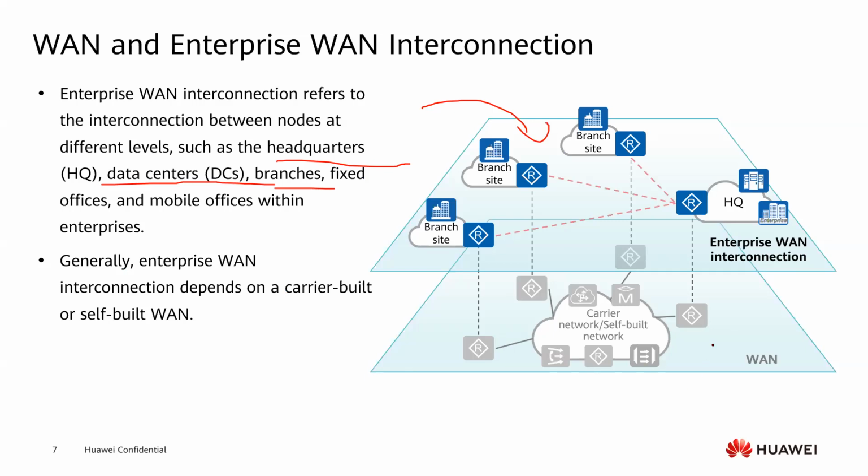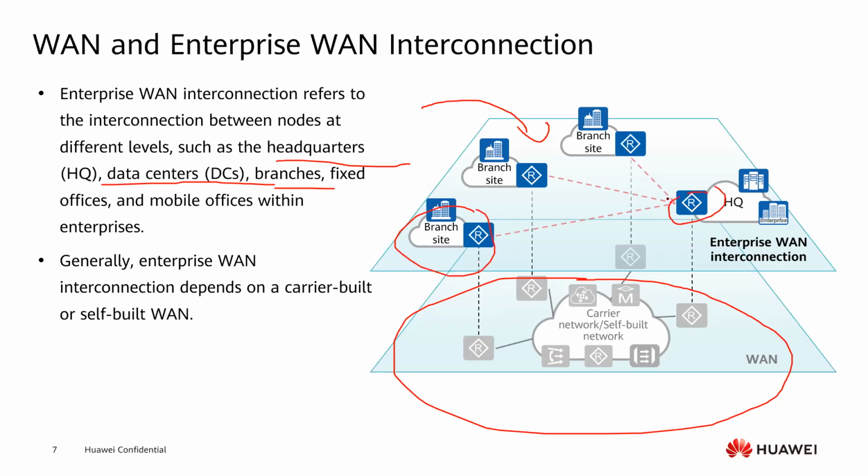The enterprise does not care what your physical WAN network is. They only care about the connection, whether I can connect the HQ with the branch, the HQ with the data center, the branch with the branch. This is what the enterprise cares about. So for the enterprise themselves, they call this a WAN interconnection.